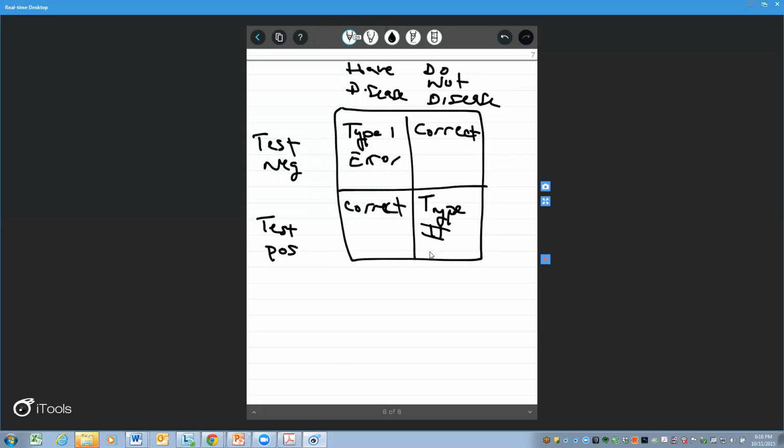If it's something that could be life-changing, they may run additional tests to confirm that they actually do have the disease and are not getting a false positive. But this shows the dramatic effect a type 2 error could actually have on a person or on a situation. And we may look at an example like this in our example section. Okay.